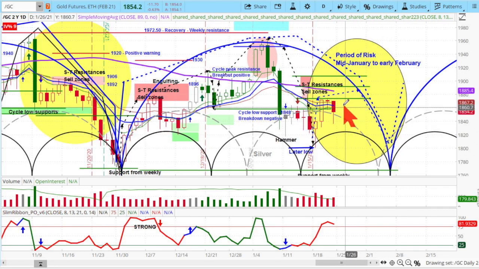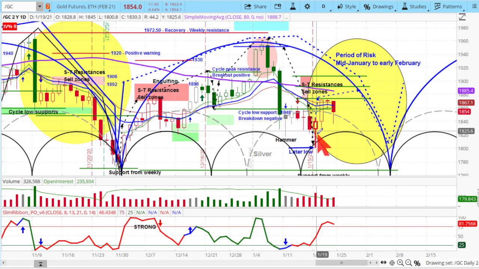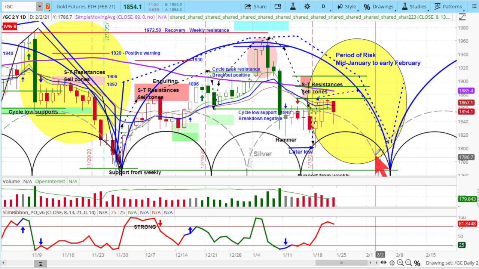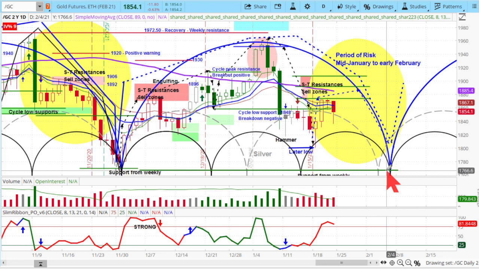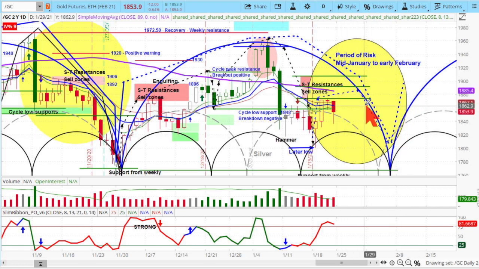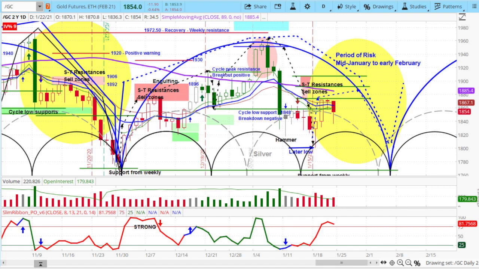We're looking for short-term downside action where we'd like to see it hold above this low around 1800, certainly above this low at 1767, and then get ready for the move here on the upside. So important period we're coming in here, which is a very short-term negative period. So this essentially says that look for impulses on the downside.